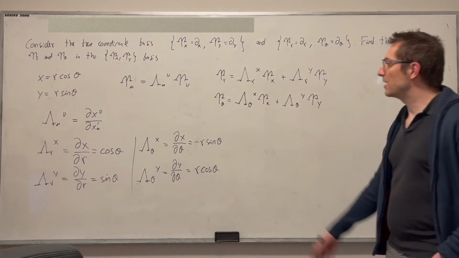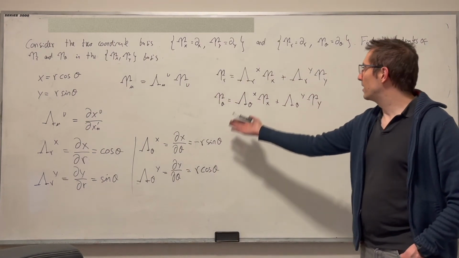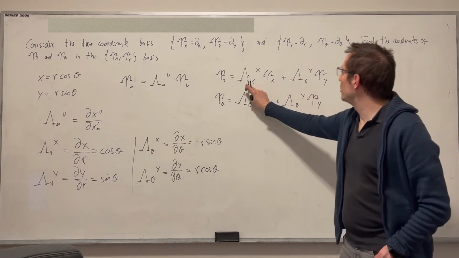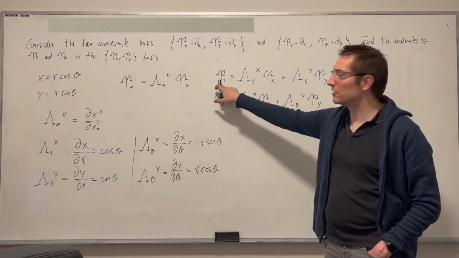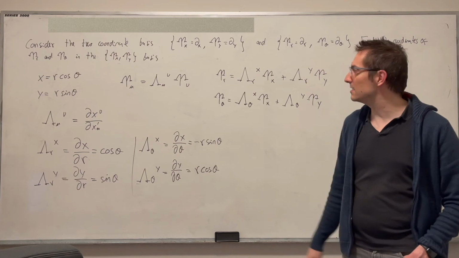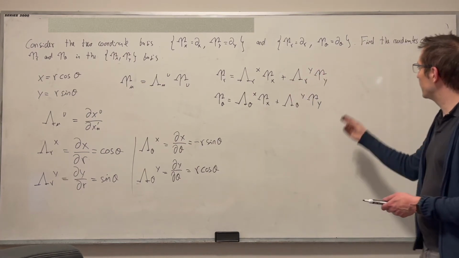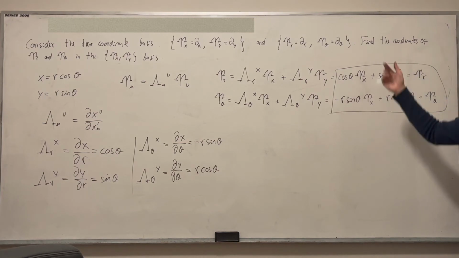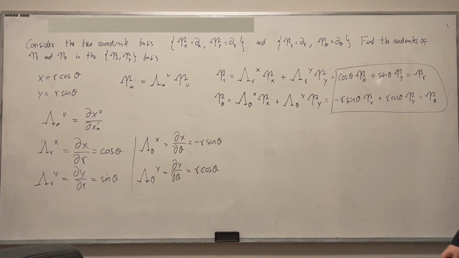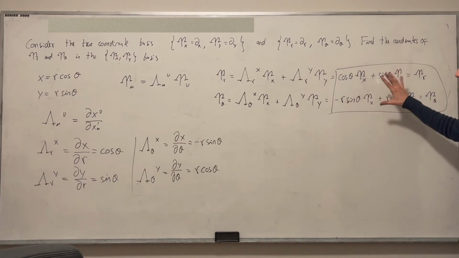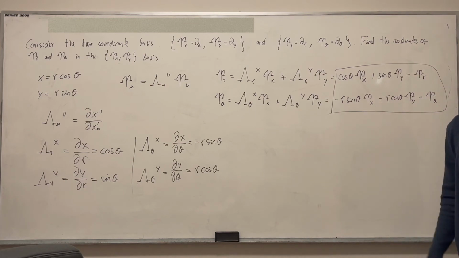All right, so now that we have these coefficients, we can compute finally the coordinates of the vectors in the polar basis in the Cartesian basis. So we substitute and we get the answer to the question I asked. All right, let's keep this and let's ask a different question now.